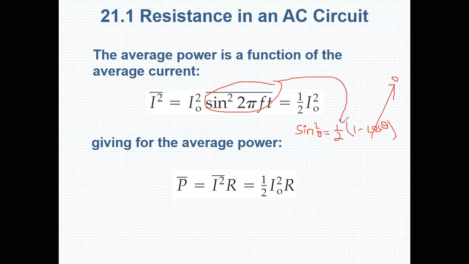Then the average of the square of the current is equal to half the square of the peak current. From that you can calculate the average power. Average power is equal to the average of the current squared times R. You will get this expression.